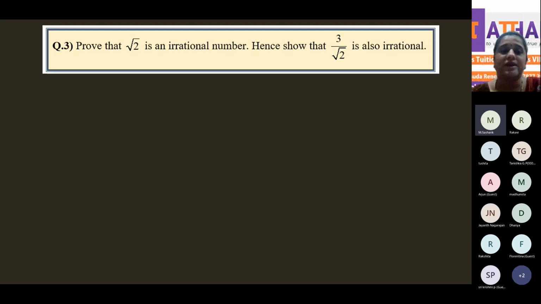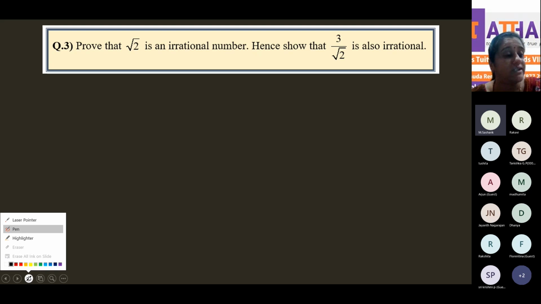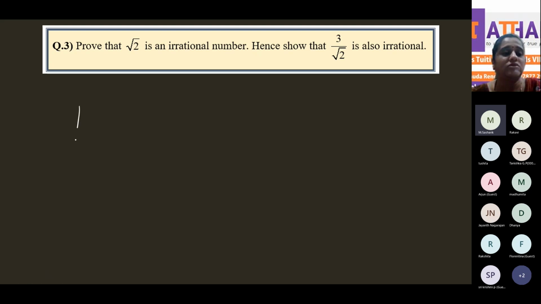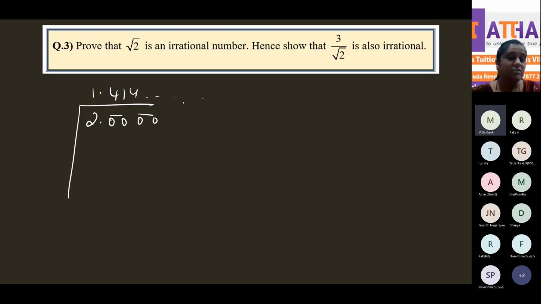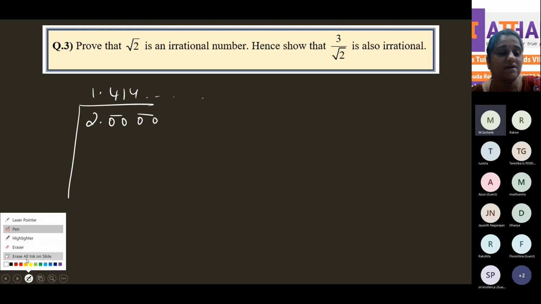You are not supposed to find the square root by long division, though that's also right. You can find the square root of 2 by the long division method and then say that you are getting a non-terminating, non-repeating decimal, so it is irrational. That's correct. But in 10th standard, you're not expected to do that. You are expected to present the proof by contradiction, what we just learned.